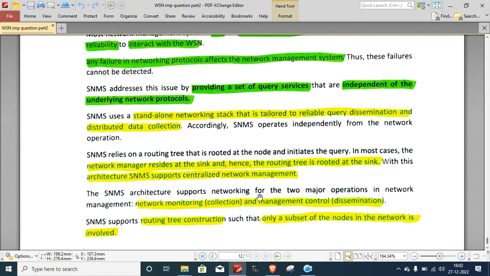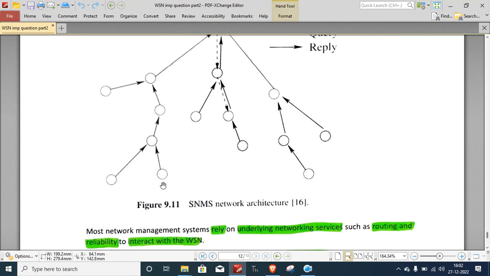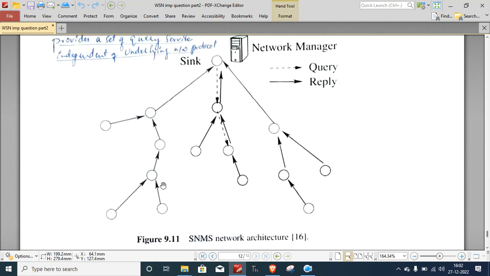SNMS architecture supports networking for two major operations in network management. One is network monitoring, that is collection, and management control, that is dissemination. SNMS supports routing tree construction such that only a subset of nodes in the network is involved in the query answering. So this is about the SNMS network architecture.